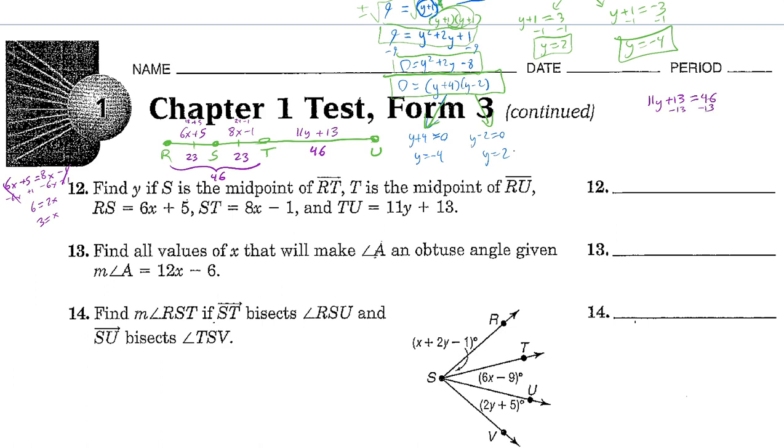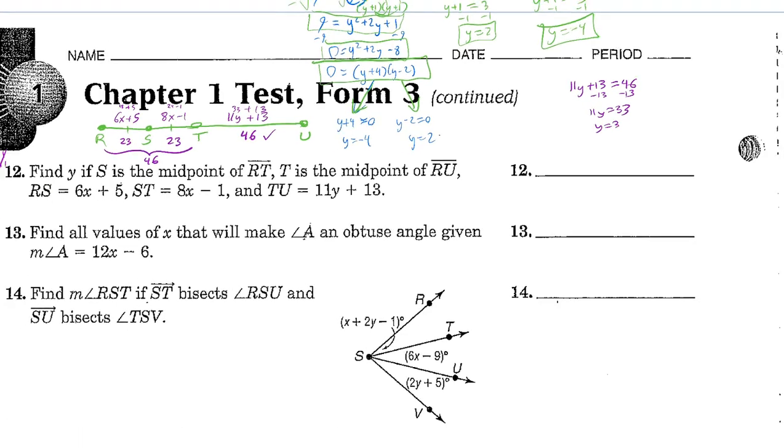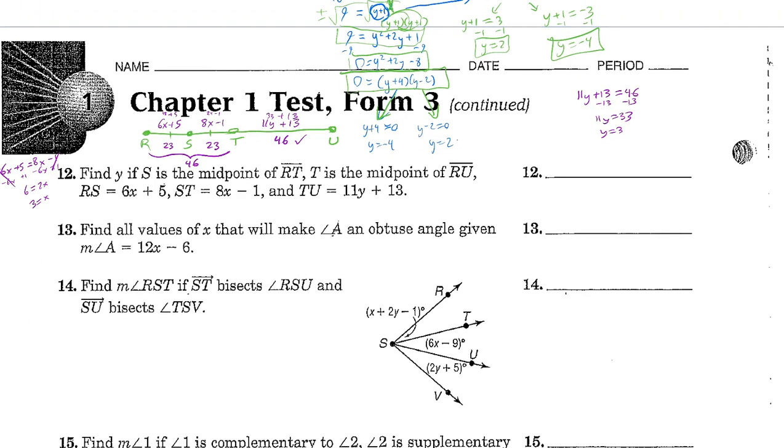Subtracting, we get 11y is 33, so y is 3. Oh, look at that. That's funny. And then we plug it back in just to double check. 33 plus 13 is 46. So it all checked out. So here it was just saying find y. Oh, it only wanted y.